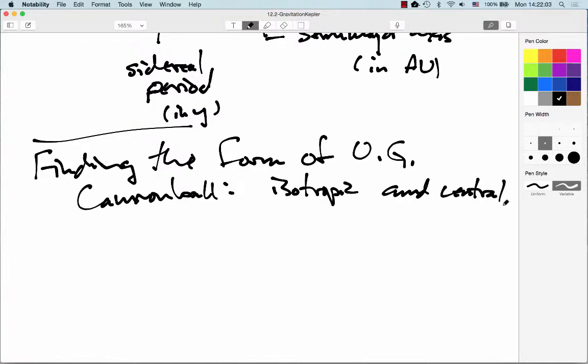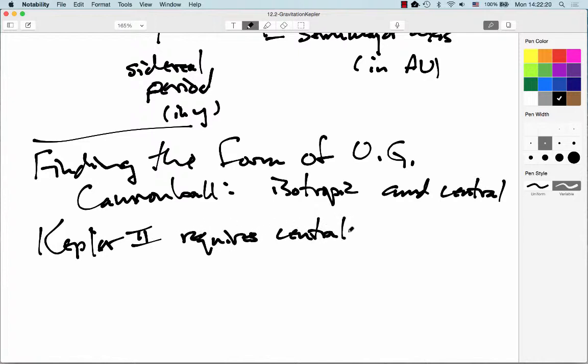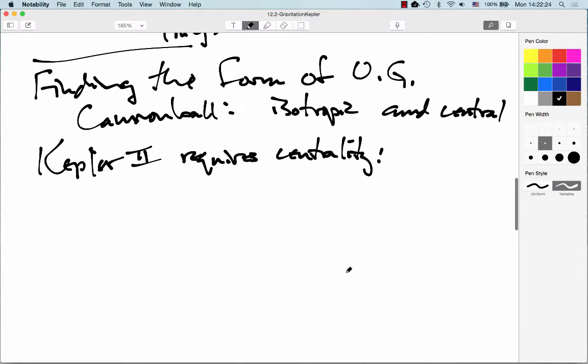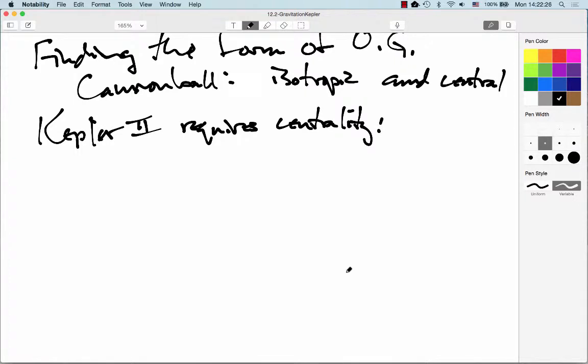Now, Kepler's second law also requires centrality. So that's the equal areas law. So let's go and knock that one back first.